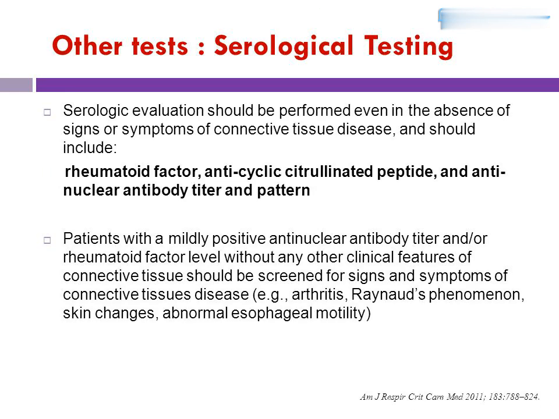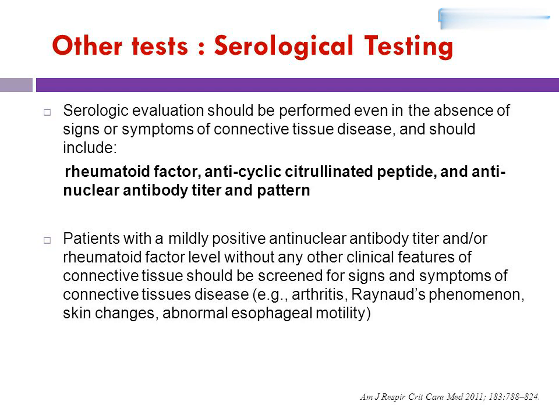Other tests, serological testing. Serologic evaluation should be performed even in the absence of signs or symptoms of connective tissue disease, and should include rheumatoid factor, anti-cyclic citrullinated peptide, and anti-nuclear antibody titer and pattern.